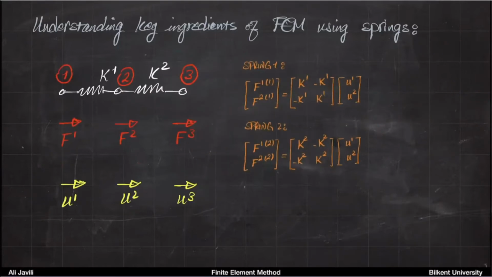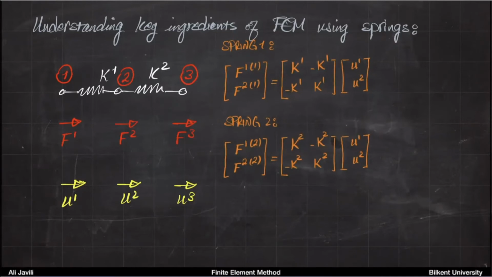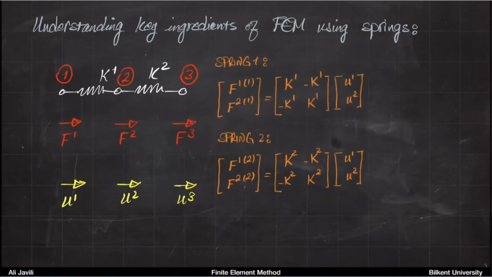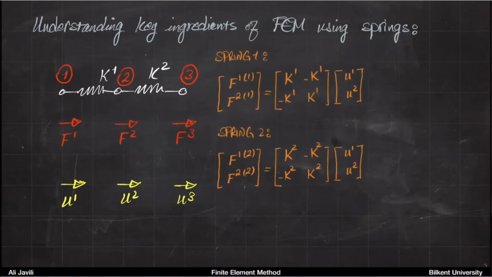I kind of copy it from the previous slide to save time. So this is the stiffness for each of the springs. But now the difference is that the forces are not like that. They are simply just the forces in each spring.